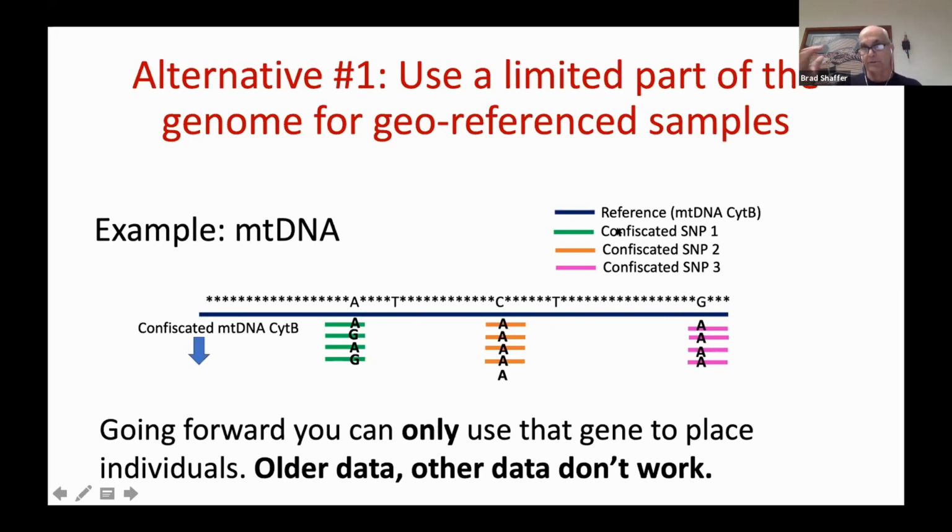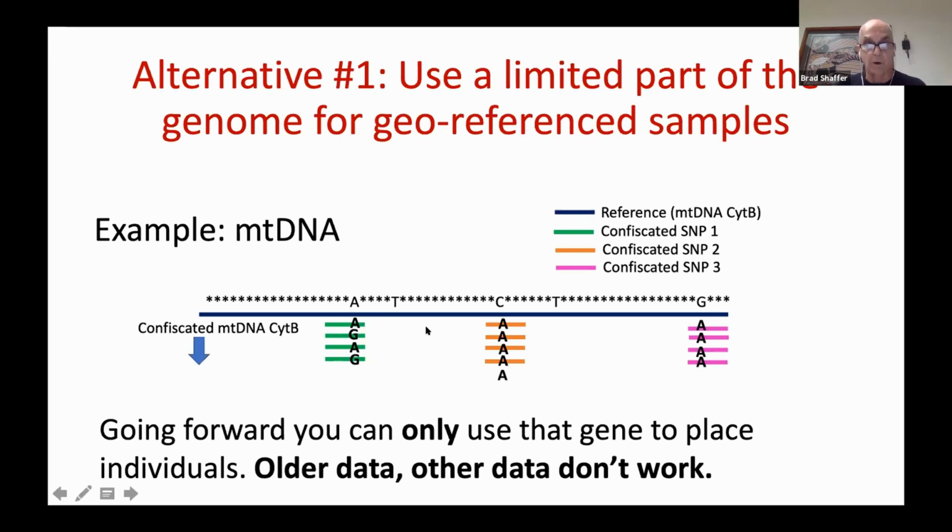So there's a reference genome for cytochrome B. And if you have confiscated animals, you can only use the information that's present in that cytochrome B. You have to sequence the same piece of cytochrome B in the confiscated animals as you do in the reference animals. And then you can compare it back, and whatever the resolution of that gene or that collection of genes is will limit the resolution of what you can say.